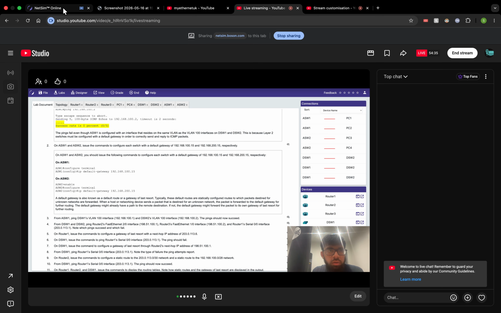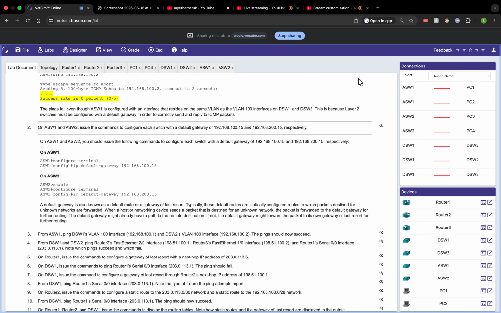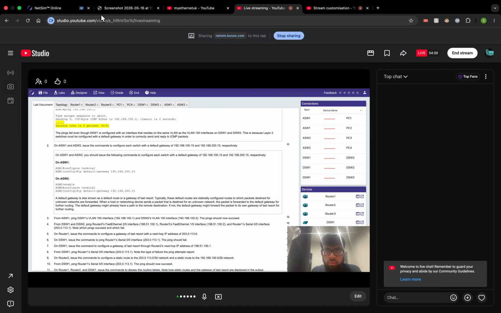We've got different HSRP groups: 100.15 and 200.15 for these different HSRP groups. We are trying to configure 100.15 for ASW1 and 200.15 for ASW2.